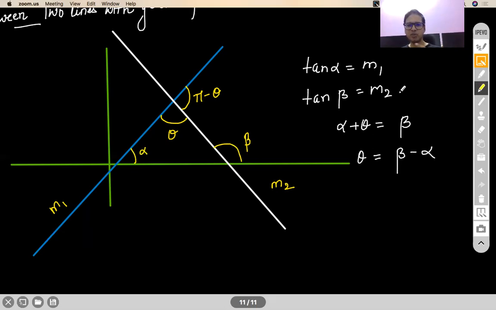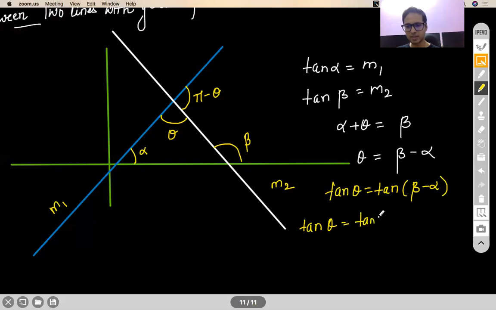Now, if I want to introduce M1 and M2 into the system, I have to take tan on both the sides. Correct? So if I take tan on both the sides, tan of theta would become tan beta minus tan alpha by 1 plus tan beta tan alpha.